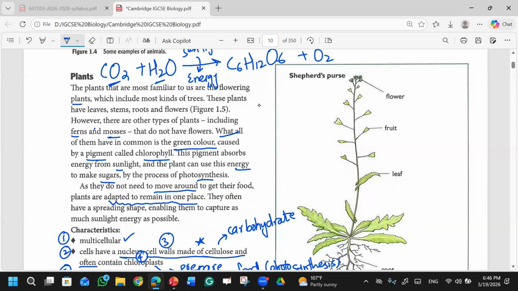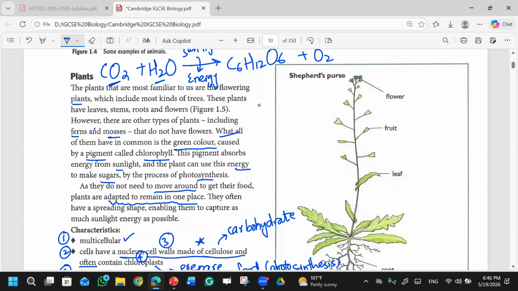Similarly, the plants don't need to move around to get the food, because they can easily get carbon dioxide from the air and water from the roots, and convert it into glucose. So for them, it is not needed to move. That's why they adapt to remain at one place. That is why we say that plants do not move.